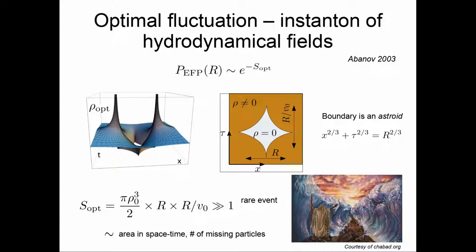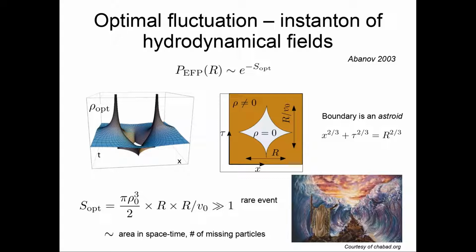What is important is that all this integral is dominated by a single configuration. Here you can see the shape of this configuration in terms of the optimal density in the x and tau plane. If looking from above, it looks like that. There is a region where density is strictly zero, and this region extends from tau equals 0 to some finite interval in the imaginary time.